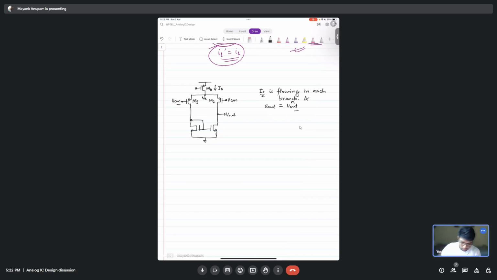So tell me, what is the minimum value of VCM? How will you calculate that? This was covered in this week's lectures, right? How will you calculate the minimum value of VCM so that all the transistors remain in saturation?